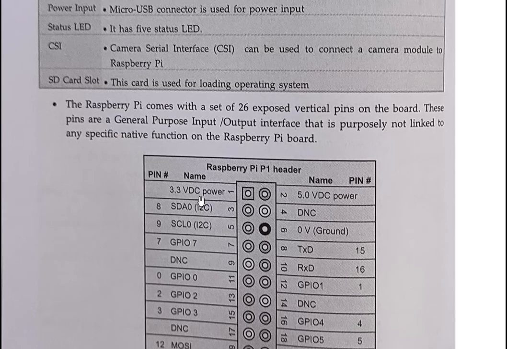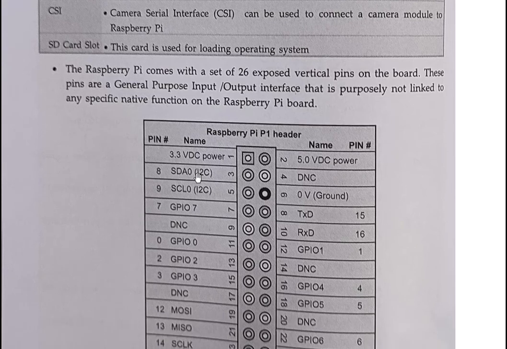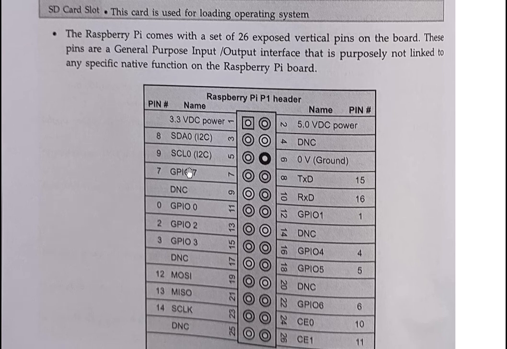This is a 3.3 volt DC power pin, and in front of that we have a 5 volt DC pin. Then we have SDA0, SCL0. Then DNC, then 0 volt, which is a ground pin. TXD and RXD are also there. Then we have GPIO pins, GPIO 7 pins are there, so we can connect these with input or output devices. And we have some basic pins for the interrupt and so on.